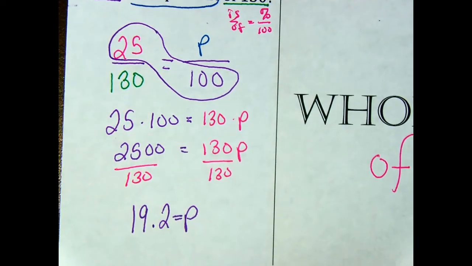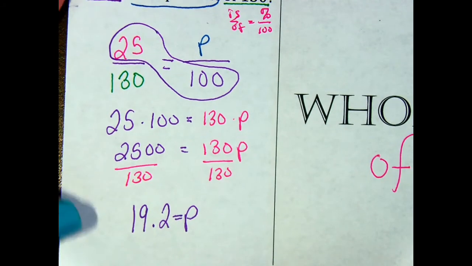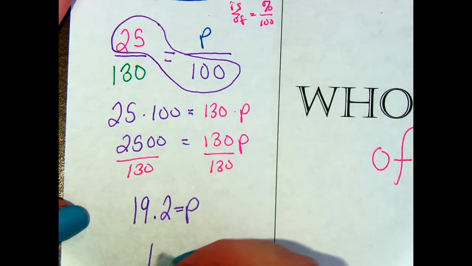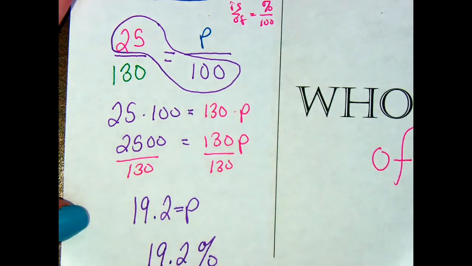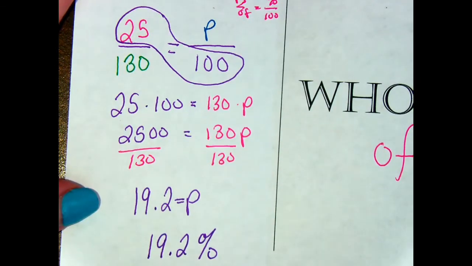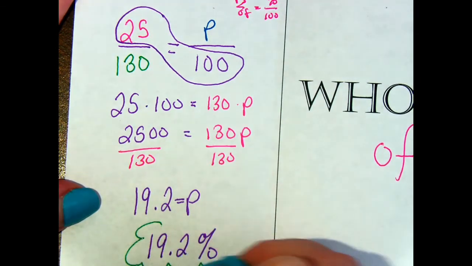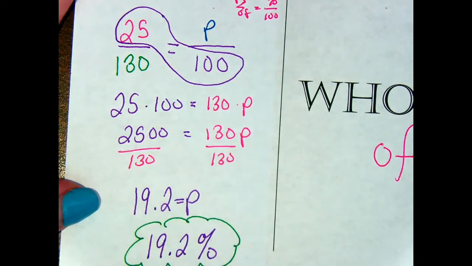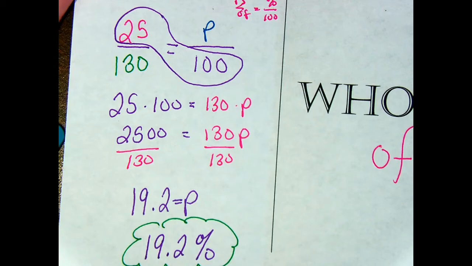I get that my answer is 19.2 is equal to P. As I'm looking for percent, I have to rewrite it with the percent. So my answer is 19.2%. The key to solving problems with percent proportion is to set it up correctly and then find our cross products.